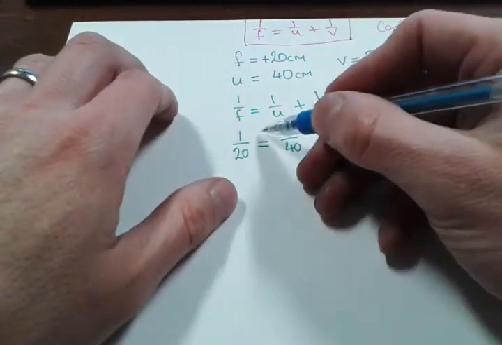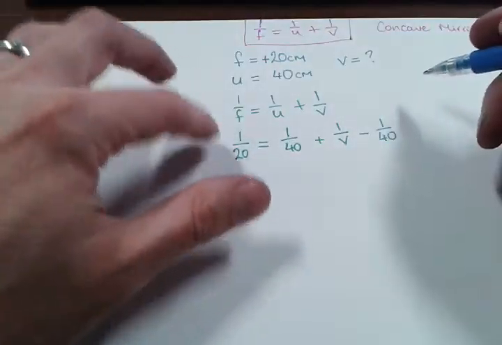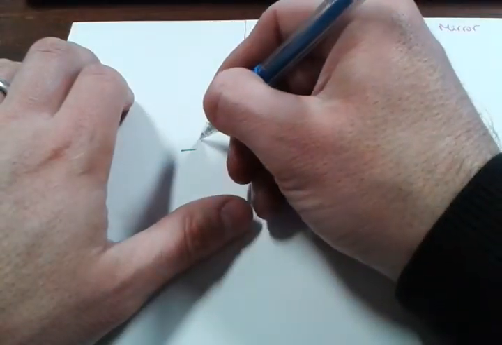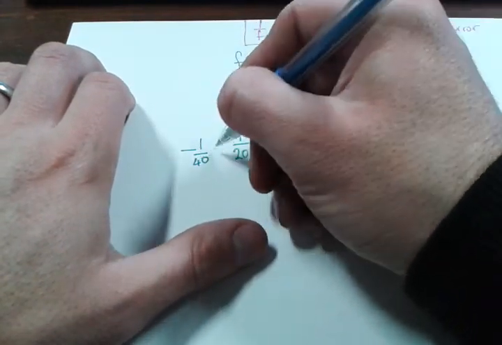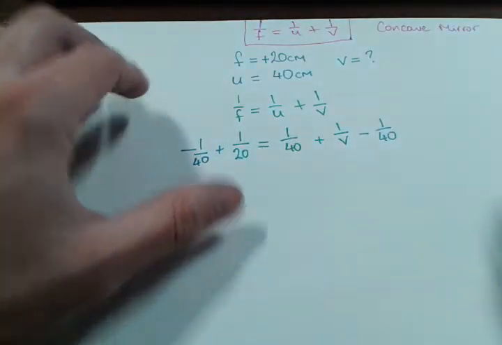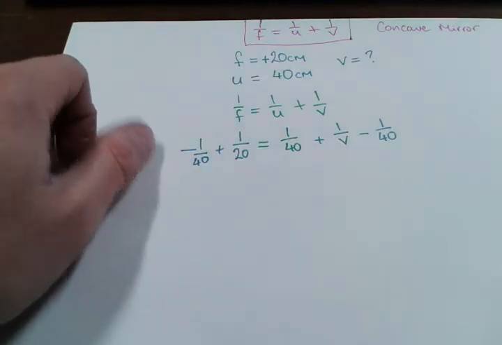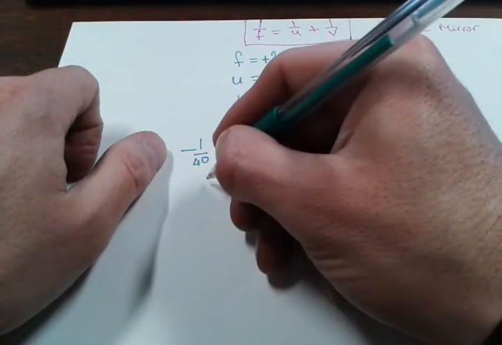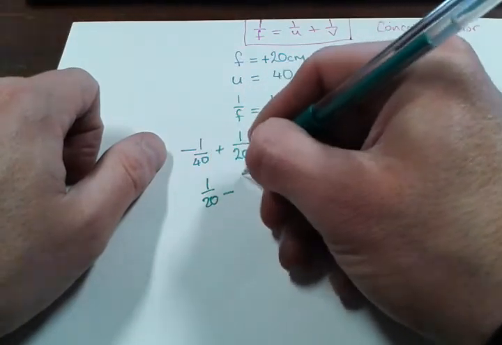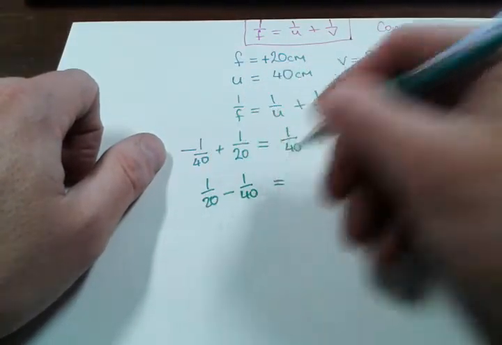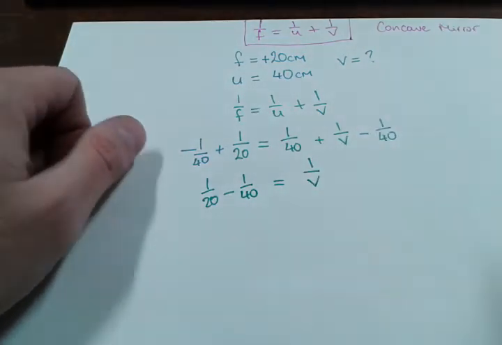But this is an equation, so anything I do on this side, I have to do on this side. So I would have to subtract 1 over 40 from there as well. So I'll end up, on the next line, with 1 over 20 minus 1 over 40 is equal to 1 over v.